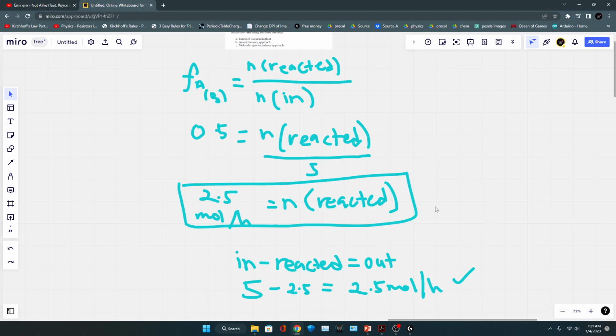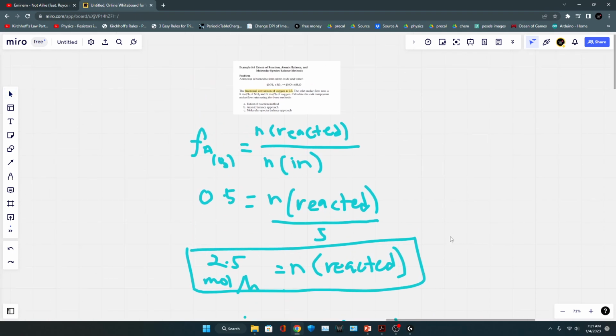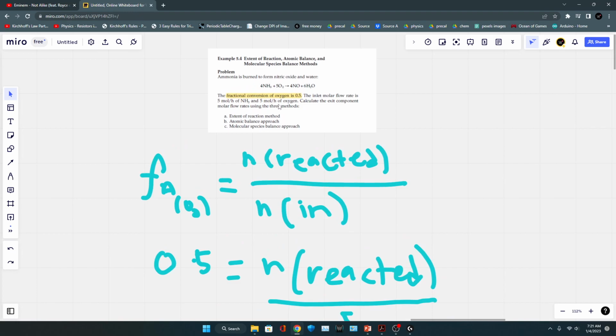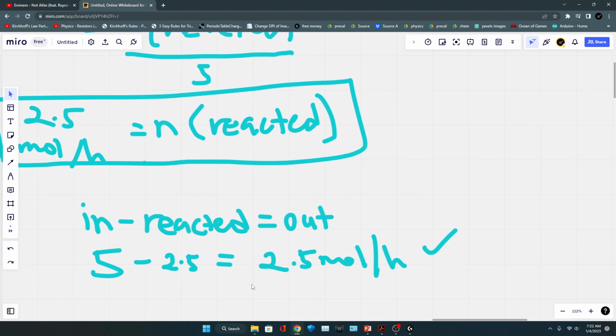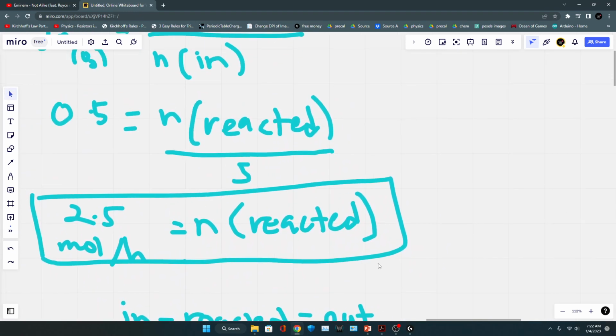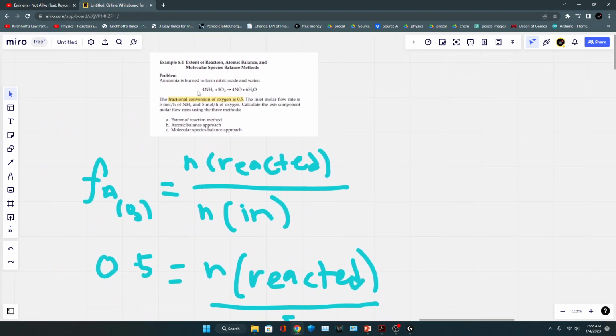2.5 moles per hour of oxygen has been successfully reacted with ammonia, which means that the same amount of moles can tell us the amount of ammonia that has been reacted with oxygen.